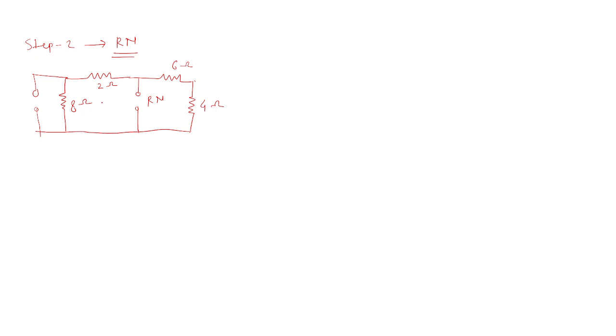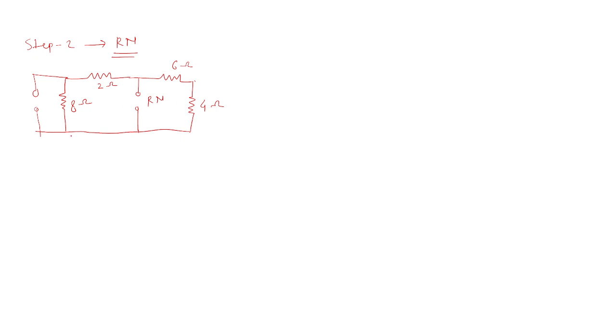These 2 ohm and 8 ohm are connected in series or parallel? Simple question. 8 ohm and 2 ohm are connected in series or parallel? Remaining all you have to answer this. Series and parallel. So it will be series. Again, this 6 ohm and this 4 ohm are connected in series or parallel.